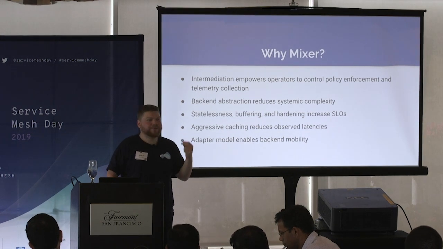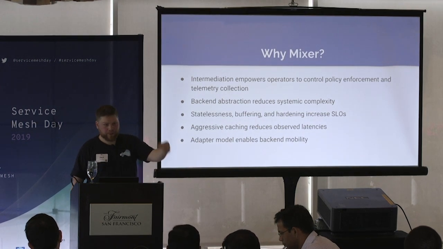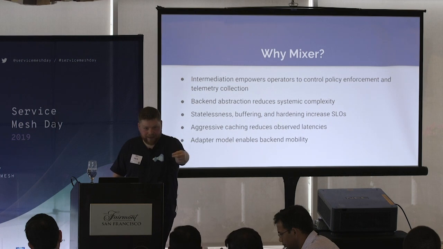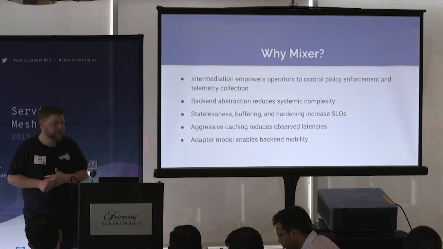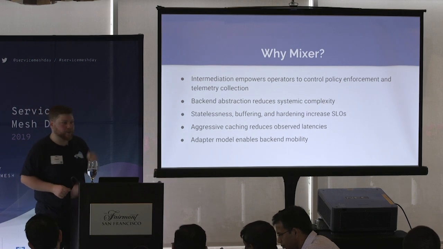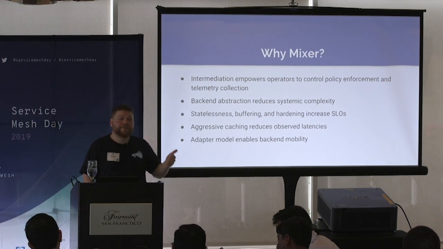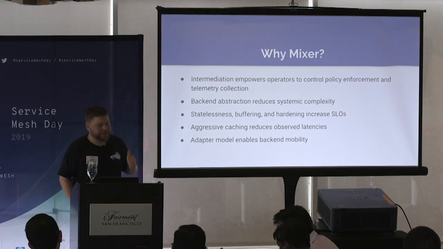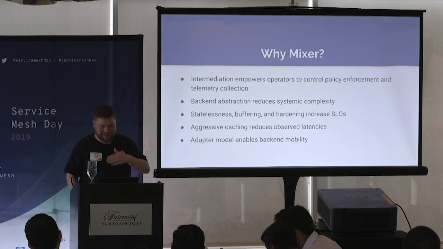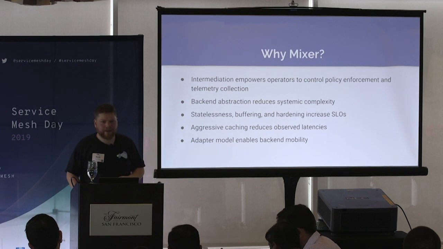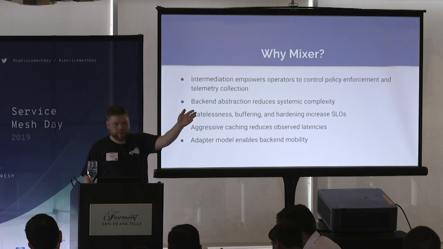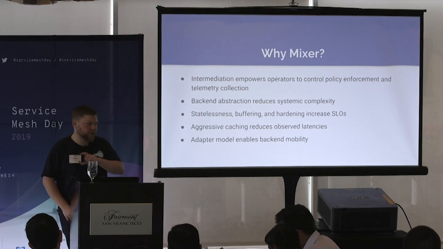Because of this, if I apply a rule around traffic at every single one of my clients, I know that it applies to the totality of the traffic as well, so long as the operation I'm applying is also commutative. Traffic splits are commutative. If I have 10 clients and I say send half your traffic here and half your traffic there, then in aggregate, half the traffic will go here and half the traffic will go there across all the clients.